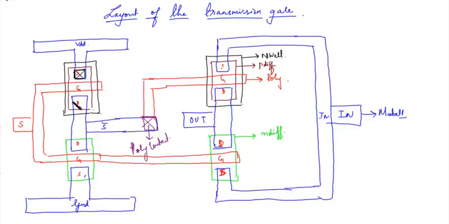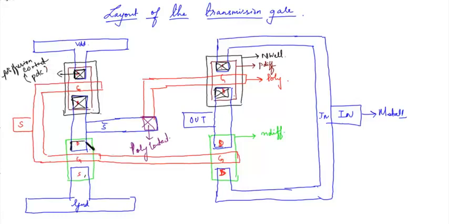This P diffusion layer is to be connected with the metal layer. So this is a P diffusion contact, or the PDC contact.